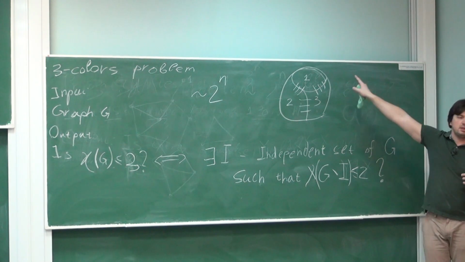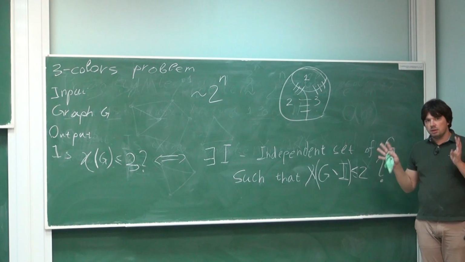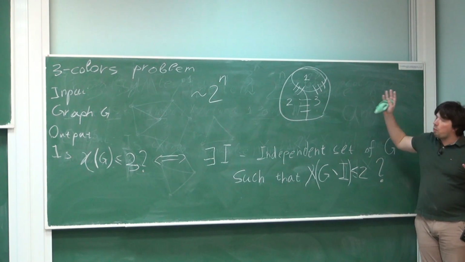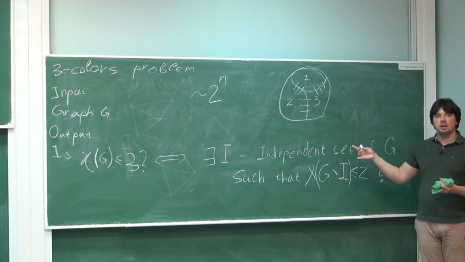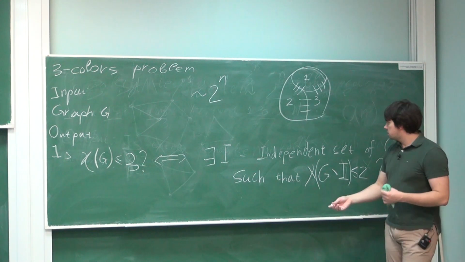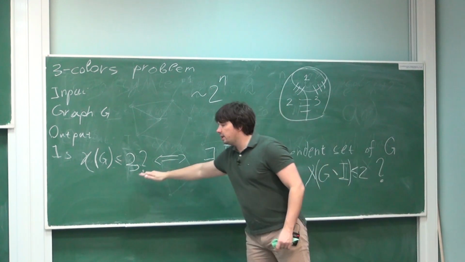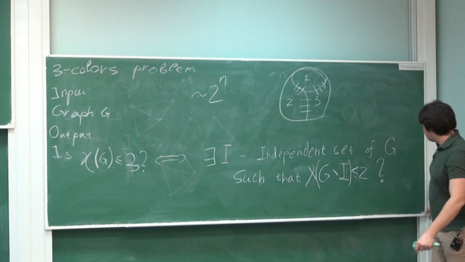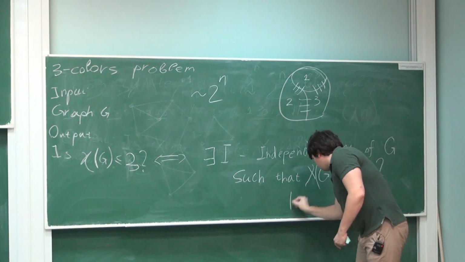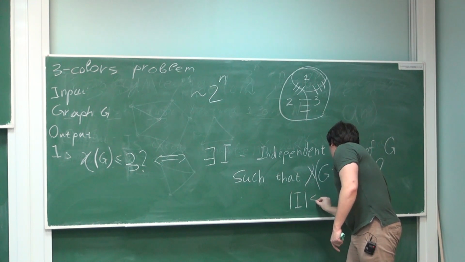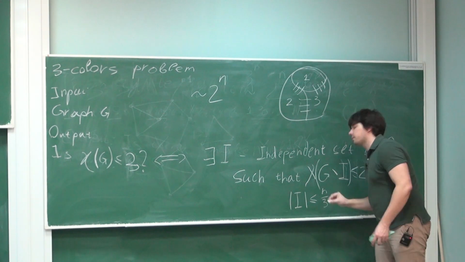If I have 3 independent sets that together form my graph, then one of them has to be smaller than n over 3, right? So instead of asking this or this, I can just add another condition, that the size of I is less or equal to n over 3.